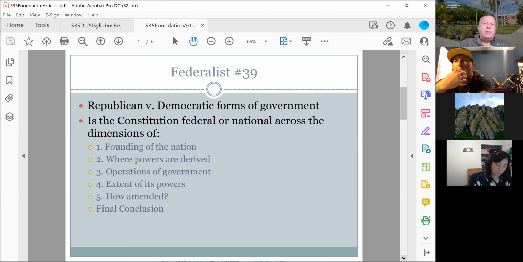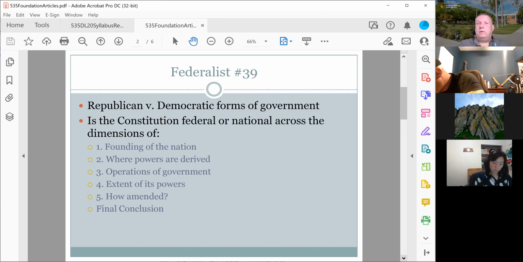And that's a theme that we're going to see throughout tonight, whether we're talking about Madison or whether we're talking about someone like Martha Derthick or Morton Grodzins, that the states were the first governments. And so the argument that Madison is making is that this new Constitution and this new union was formed by state governments.